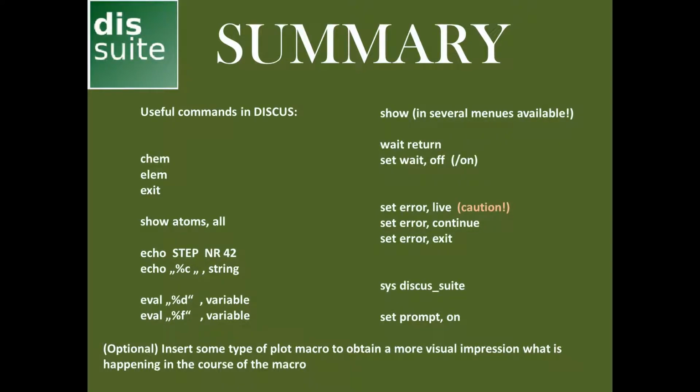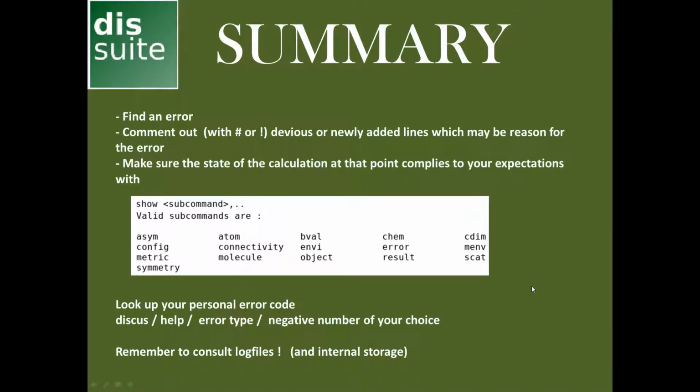When your program is terminating unexpectedly, just insert that or start the Discus in a separate Discus shell within Discus, so with the system Discus read, for example. So again, set the wait on off if you don't want to have to wait when in a wait return command. That's quite useful. What else?